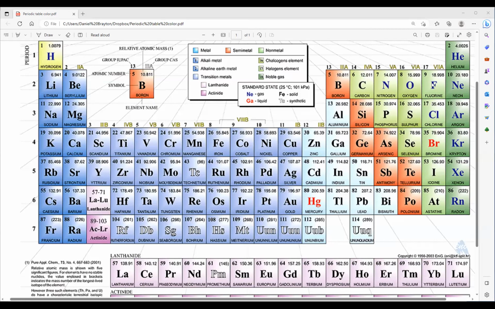So of the choices, fluorine is the furthest to the right and the highest in the table. Obviously, neon and helium are both further to the right and above fluorine, but that wasn't an option in the multiple choice options on it.